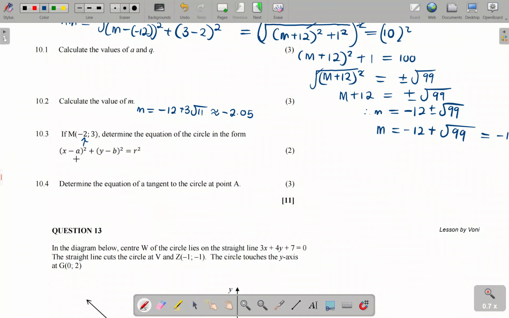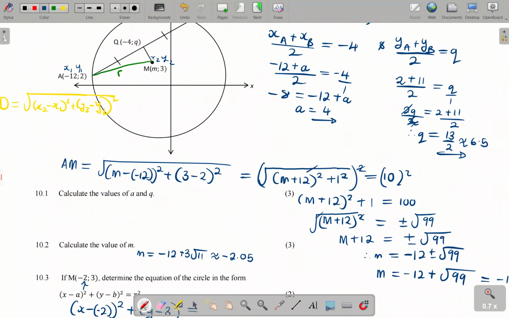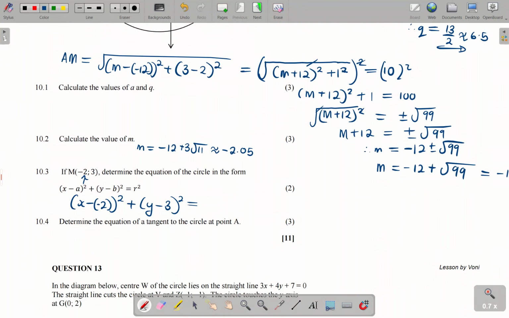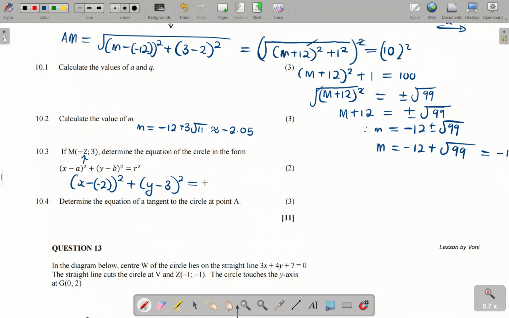So that's going to be x minus your a, which is -2, in brackets like that, then square it, plus y minus b, which is 3, and then square it. But what is r? We know it is 10. So you simply say 10 squared.